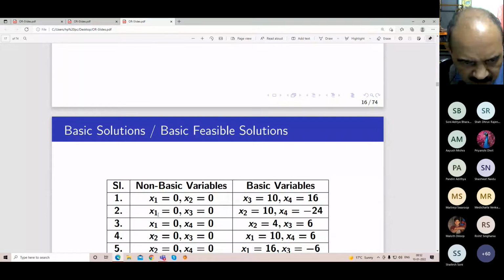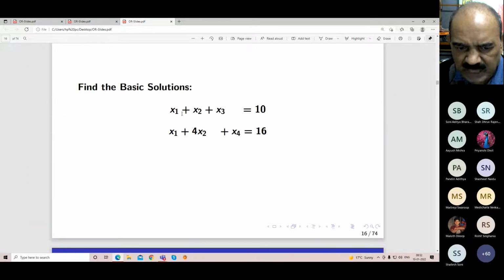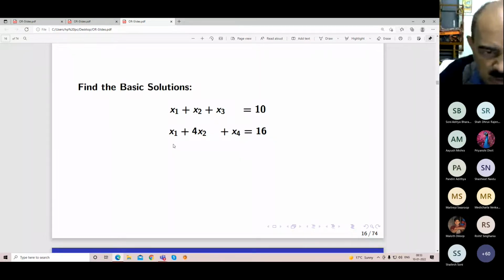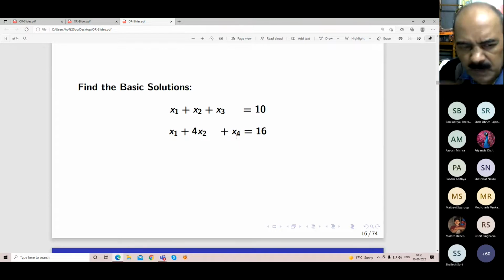Serial number 2, x1 = 0, x3 = 0. These 2 are the non-basic variables. What is becoming x2? x2 is becoming 10. Once x2 is becoming 10, and x1 I have already mentioned is 0, then what about x4?